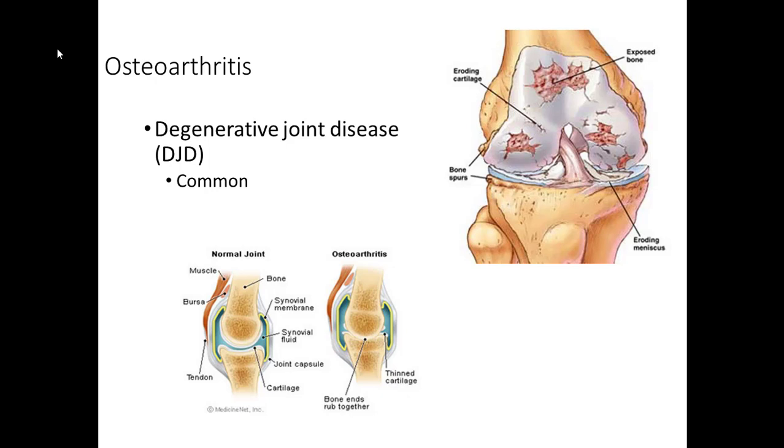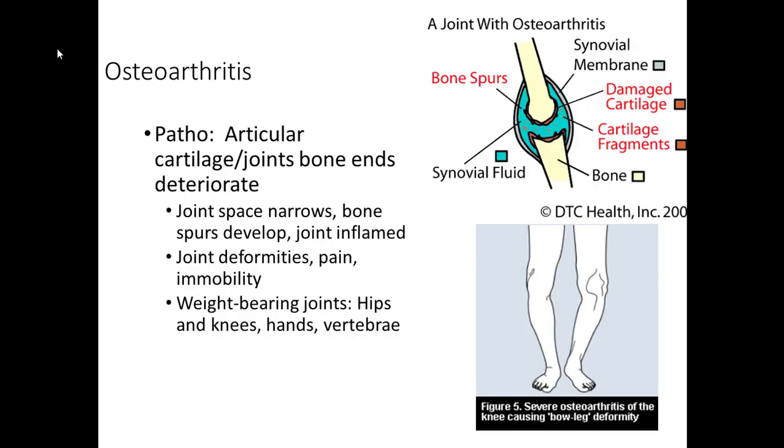What it is, the cartilage on the ends of the bone gets worn away and bone spurs develop and then bone rubs on bone. It's a wear and tear disorder. The joint becomes inflamed. Most common are the weight bearing joints, so the hips, the knees, the hands, and the vertebrae.